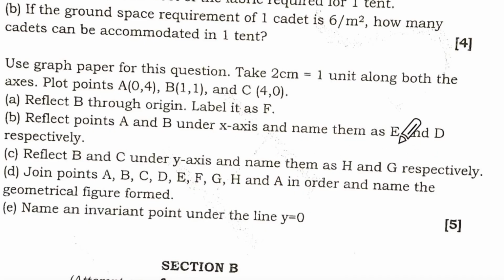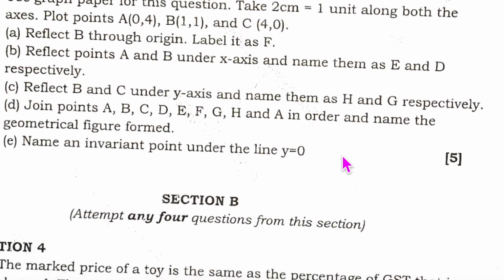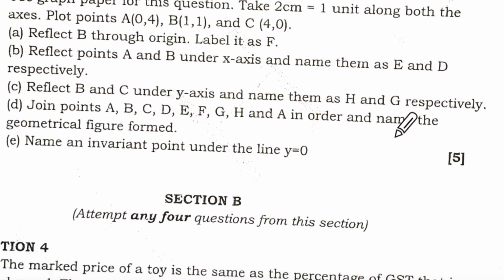How does it look like? Is it anything confusing here? No. You don't think there will be any confusion? No. Everybody should not have any confusion for this. So A is 0, 4. So 1, 2, 3, 4.